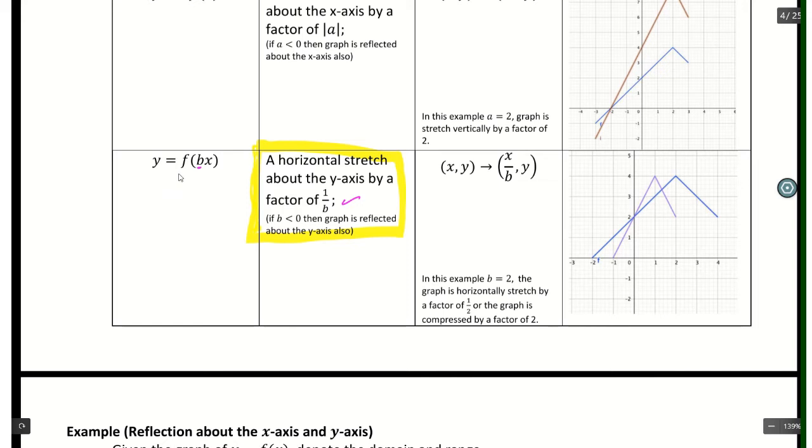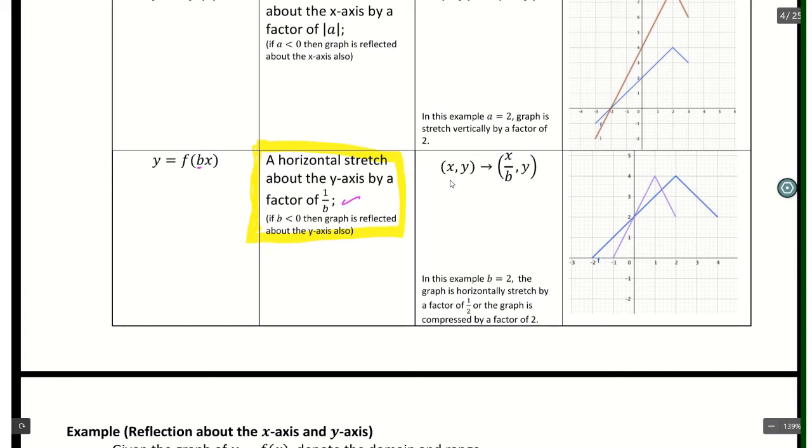y is equal to f(bx). This is a horizontal stretch about the y-axis by a factor of 1 over b. So those are the words that go along with it.